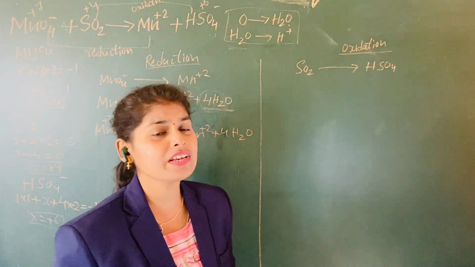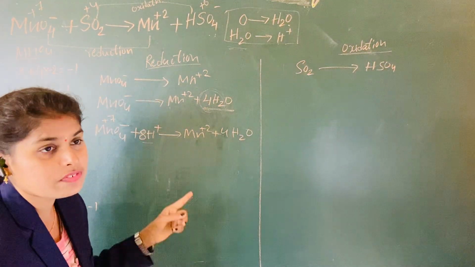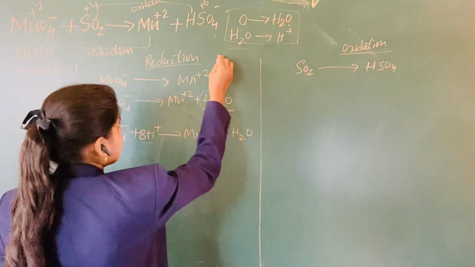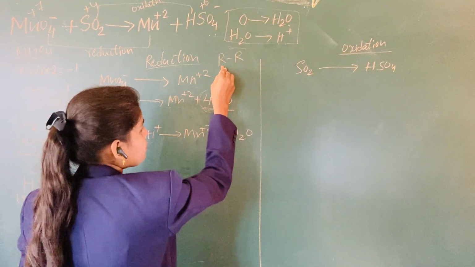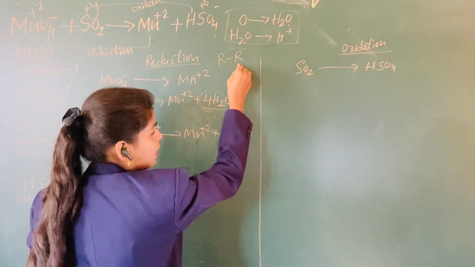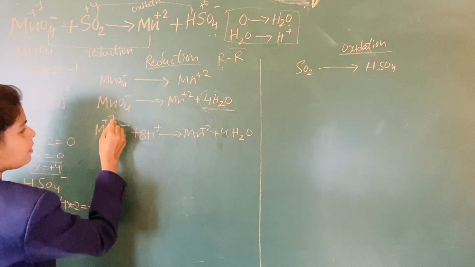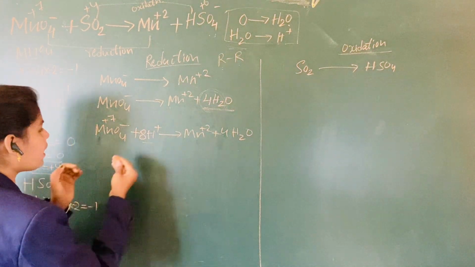But where we need to add them is very important. Since we are solving the reduction reaction, we need to add the electrons in the reactant side. As I already told you, remember RR. When solving the reduction reaction, add the electrons in the reactant side, which is this side. The difference of plus 7 and plus 2 is 5 electrons, so you need to add 5 electrons.